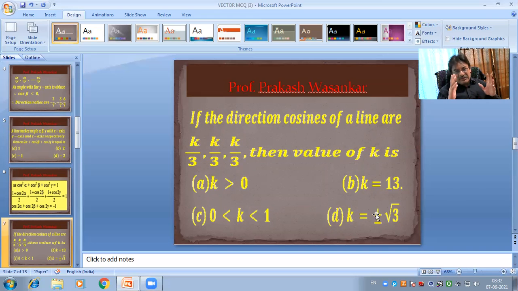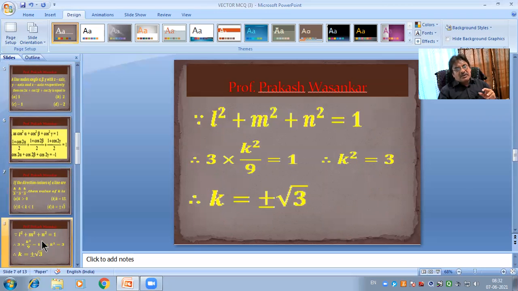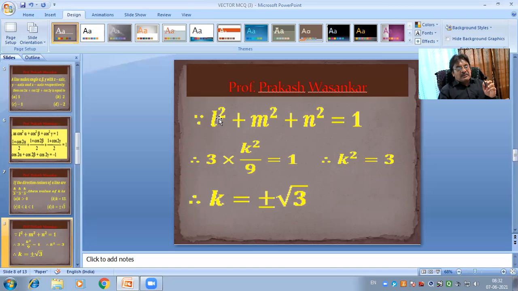So first we solve the problem orally, then we write the answer in short. Since we know the theorem L square plus M square plus N square equals 1, where L, M, N are direction cosines of a line, and L, M, N are given in this problem as k by 3, k by 3, k by 3, we put L equals k by 3.